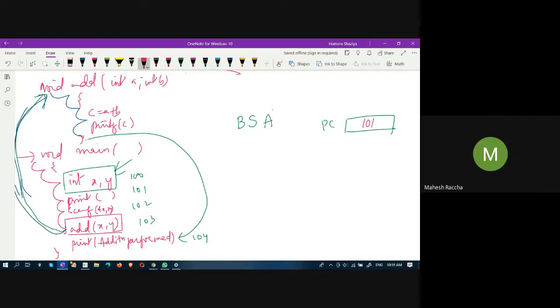When the system is executing this instruction, 101 instruction, what will PC contain? PC will contain 102, the address of the next instruction. Means PC will tell the system what is to be done next. What is the next task? Understand?